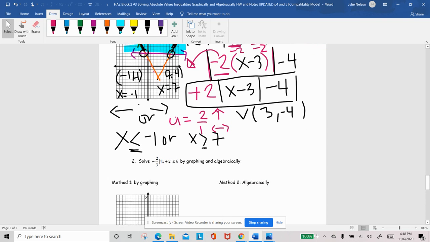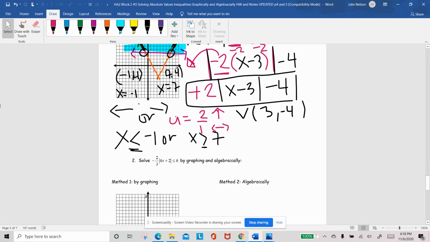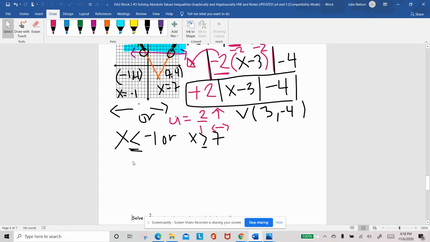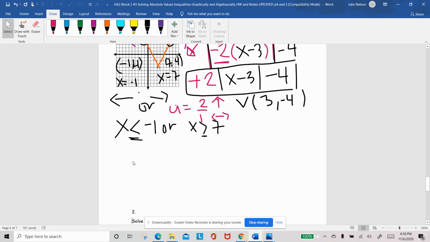Now I want to do the exact same problem, but instead of graphically, I want to do it algebraically. So let me see if I can move this down a little bit. All right.